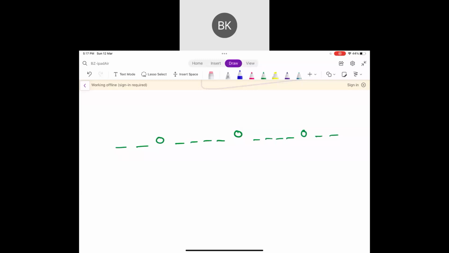Now here the frequency is 3. If we do 3 into 2 by 2, do we get 6?